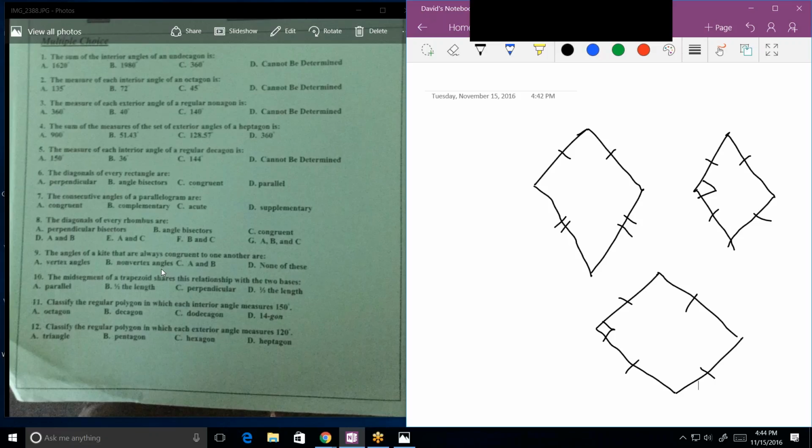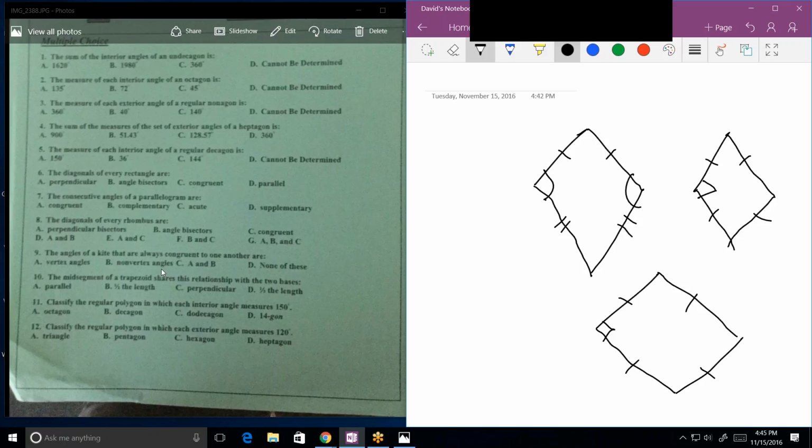The mid-segment of a trapezoid shares this relationship with the two other bases. Hold on, let me look at 9 again. The angles of a kite that are always congruent to one another are opposite angles, I believe. No, opposite angles are not. Well, those two are called non-vertex. Then again, these two at the top and bottom are also opposite.